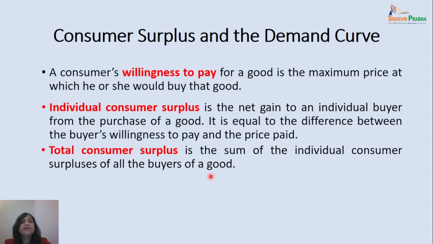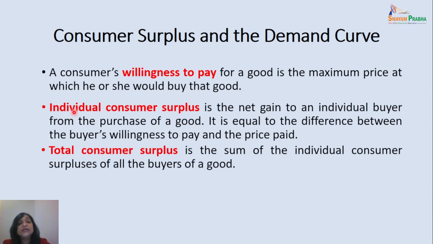That is, if there are, for example, 3 people who were willing to buy this car and all of them had set some price in their mind that they were willing to pay for that car, then the difference between their willingness to pay and the price which they actually paid, when we add up this difference for all the 3 consumers, what we will get is called total consumer surplus.